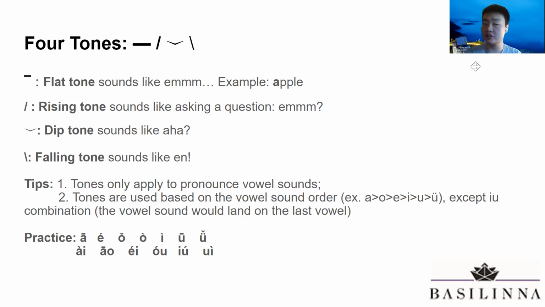Okay, and I know the third one is more difficult for you. This is a deep tone because there is a transition. So do you know how to pronounce aha? So the third one would be like aha.